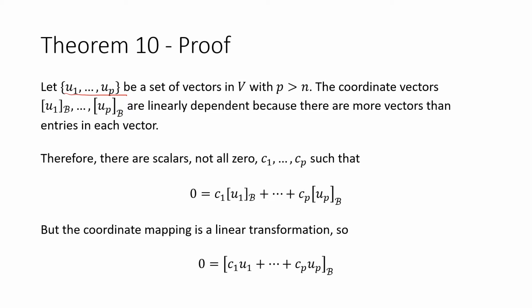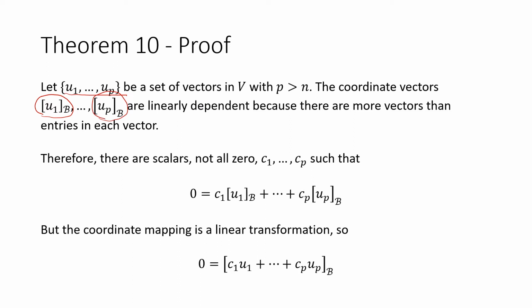Well, we're going to reach back to our coordinate system to show this. Because we have the basis, we can get the coordinates of every one of these vectors in that basis. So we can get the coordinates of our first one and all the way up to the coordinates of our pth one.